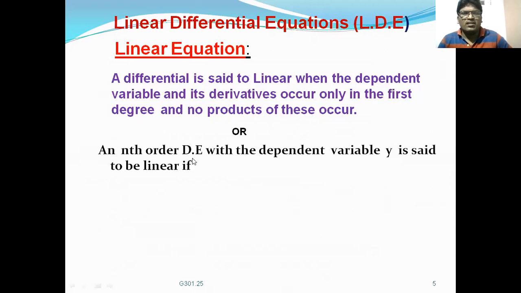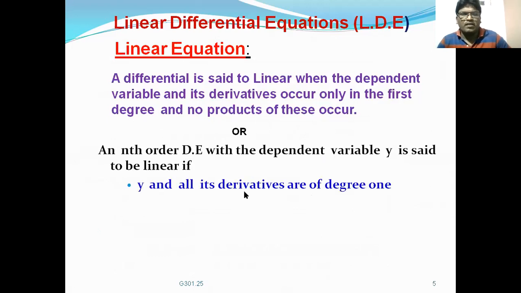An nth order differential equation with the dependent variable y is said to be linear if it satisfies these conditions. First, y and all its derivatives are of degree 1.